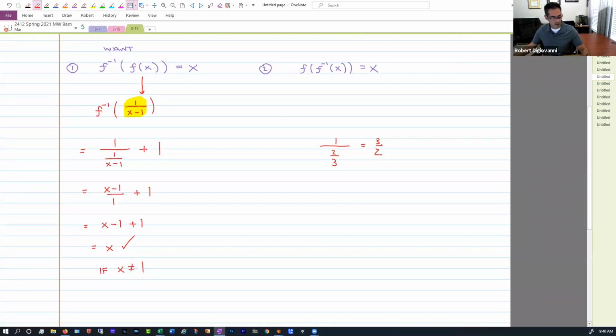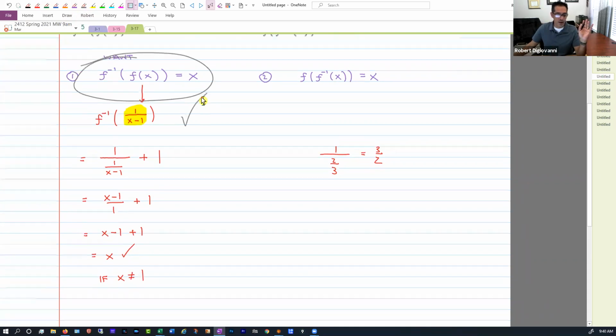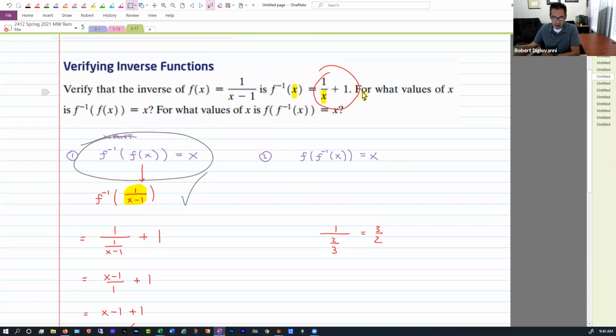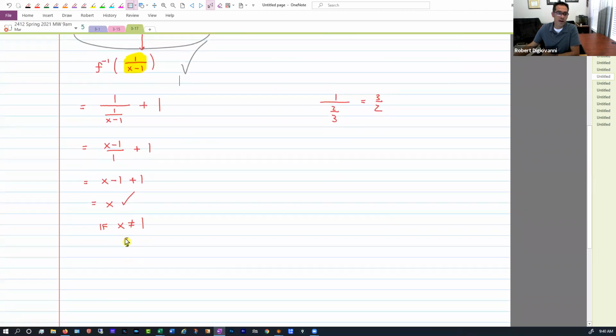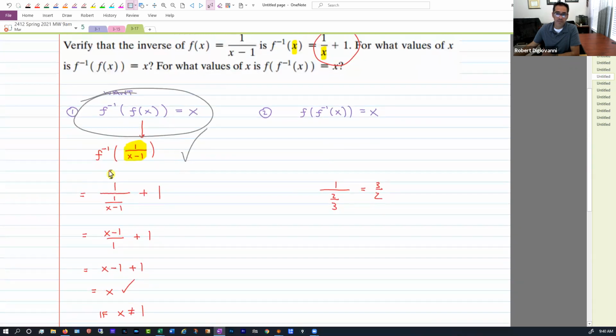We would get this to check off, so long as x isn't 1. If x is 1, then we can't do it. So it asks, for what values of x is f inverse of f of x equal to x? That's what we just did. Well, everything except 1. Questions there?